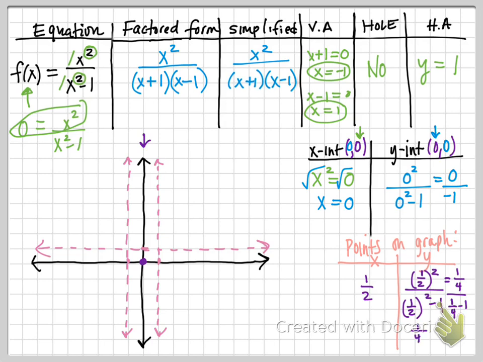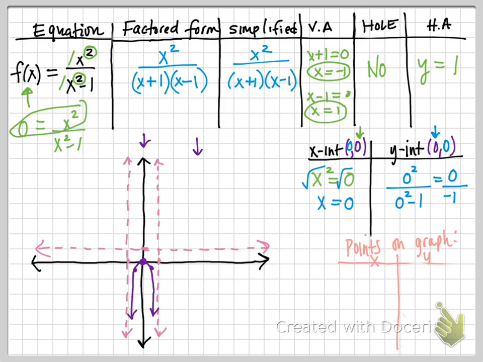So this is 1/4 divided by 3/4. Sorry, that's negative 3/4. If I divide that, I get negative 1/3. So at 1/2, it is negative 1/3 right here. And if I plug in negative 1/2, that's not going to change my answer because when you square the negatives, they're still positives. So I would still get negative 1/3 when I plug in negative 1/2. So that means the graph is looking like this in this middle section.